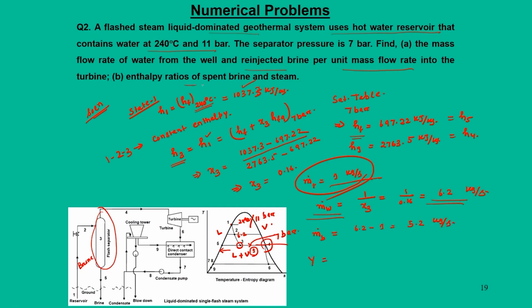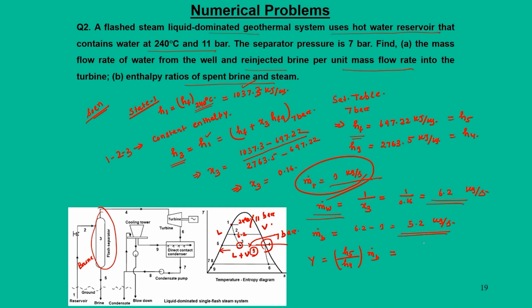The enthalpy ratio of spent brine to the steam, that is Y, is equal to spent brine H5 divided by H4 into m dot b, because that is the amount that was spent per unit mass flow rate of water into the turbine.